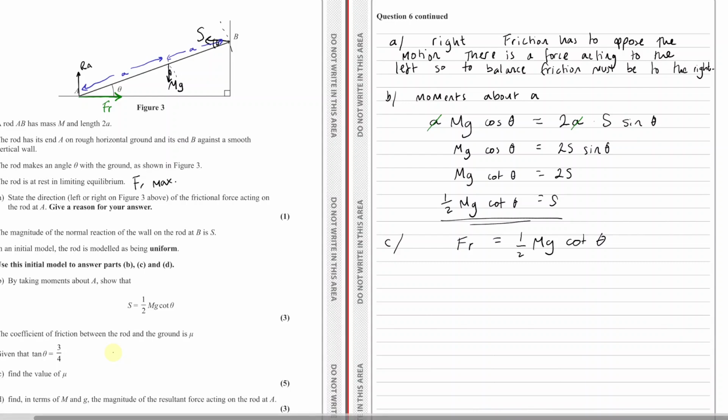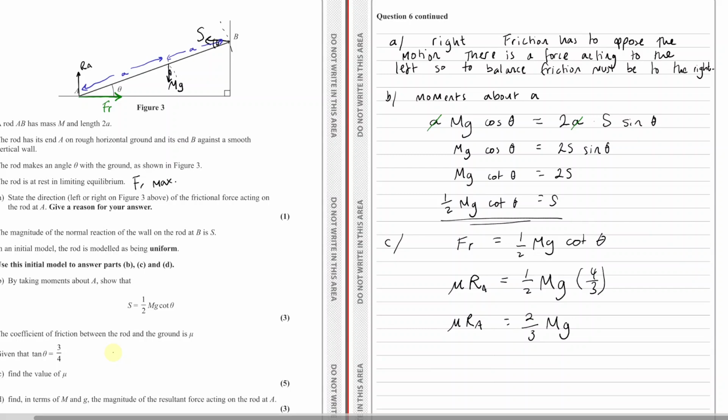We know tan theta is 3/4, so cot theta is 4/3. So mu R is half mg times 4/3, which is mu R equals half of 4/3 is 2/3, 2/3 mg.